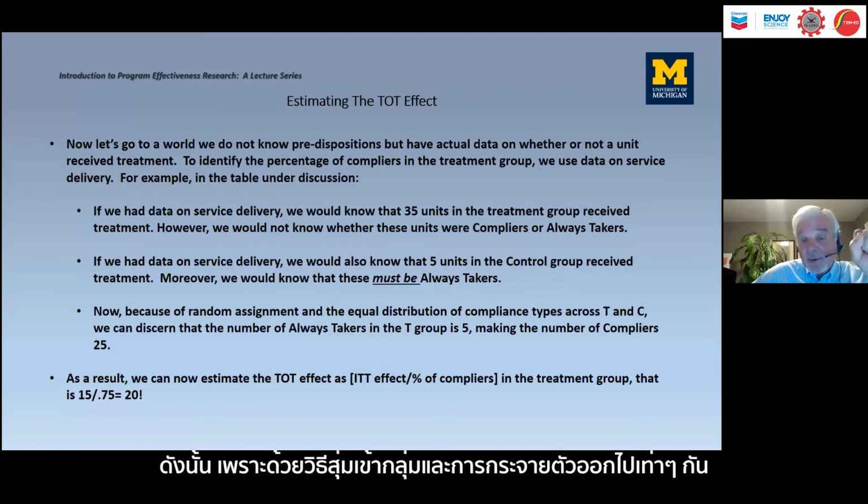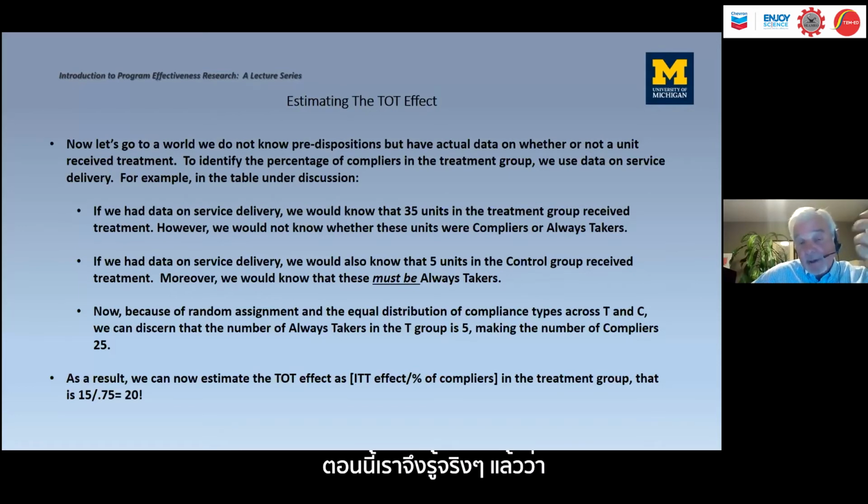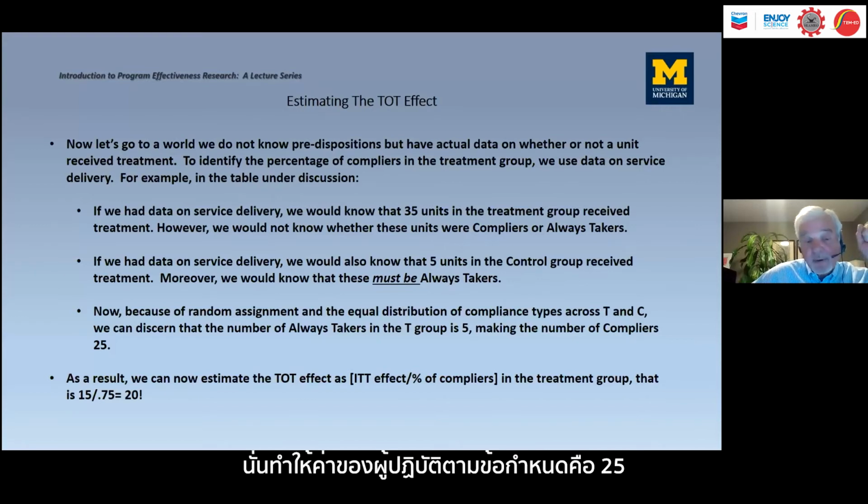Because of random assignment and the equal distribution of compliance types across treatment and control, we can figure that the number of always takers in the treatment group is 5, because that's what it is in the control group. That would make the number of compliers 25.